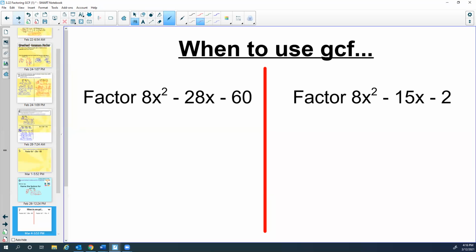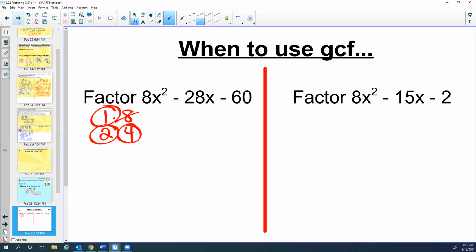I'm going to start with the very first term, name its factors. The factors of 8 are 1 times 8, 2 times 4, and that's it. For 28, well, 8 is not a factor of 28. 4 is a factor of 28. 2 is a factor of 28, and 1 is a factor of 28.